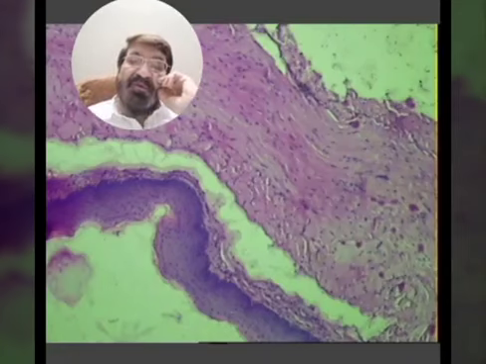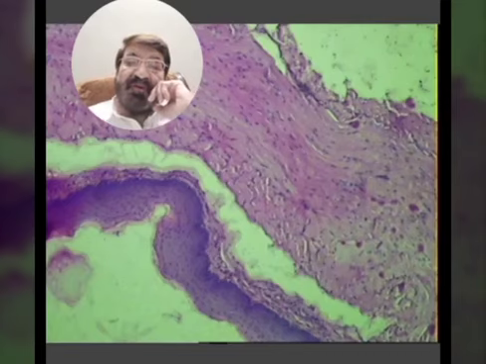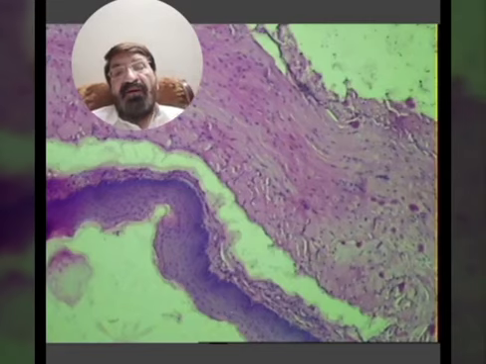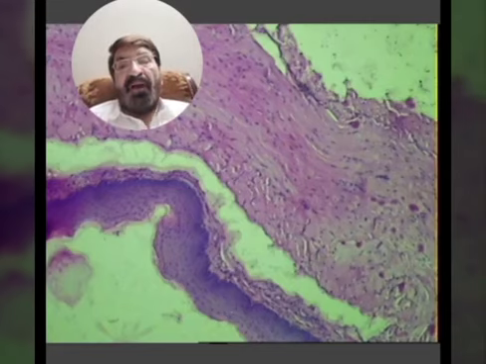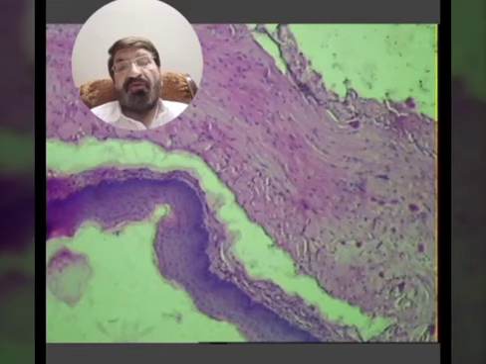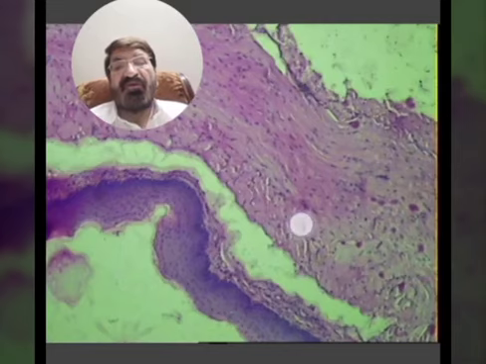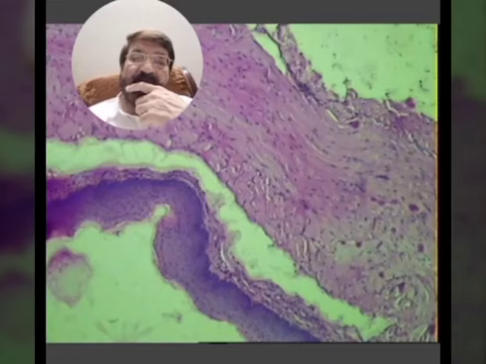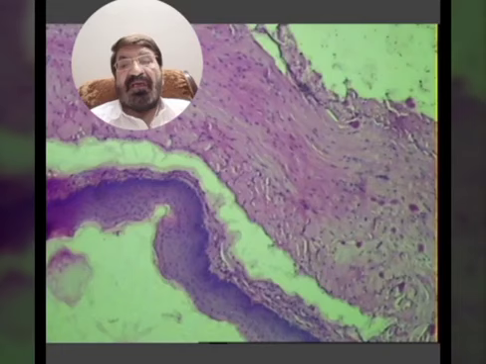Here I'll tell you that in the case of the esophagus there is an exception: the upper 1/3 of the esophagus has skeletal muscle, the middle 1/3 has mixed skeletal as well as smooth muscles, but in the lower 1/3 only smooth muscles are present in the muscularis externa. Then comes the adventitia, the dense irregular connective tissue.